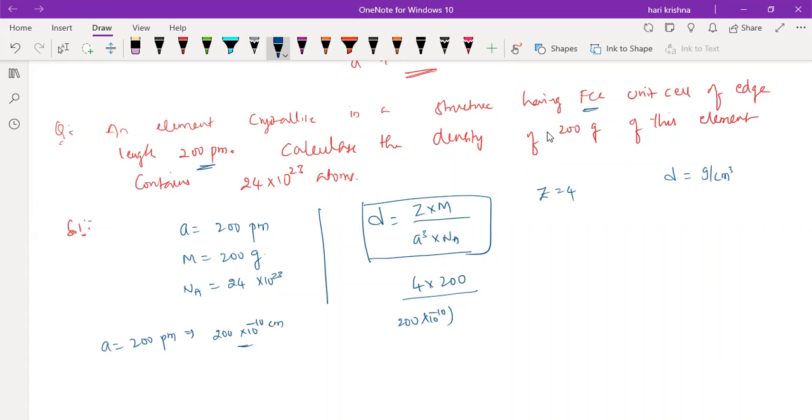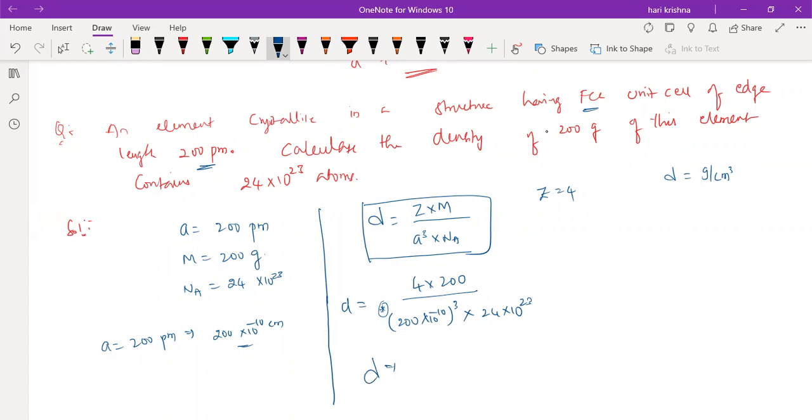So the 10 power minus 10 centimeters whole cube into 24 into 10 power 23. Did you understand this calculation part? Is it clear this step? Yes, sir. This is the important one. How you are taking the A value, because you have to convert the units from picometers to centimeters. Then only you will get the answer.